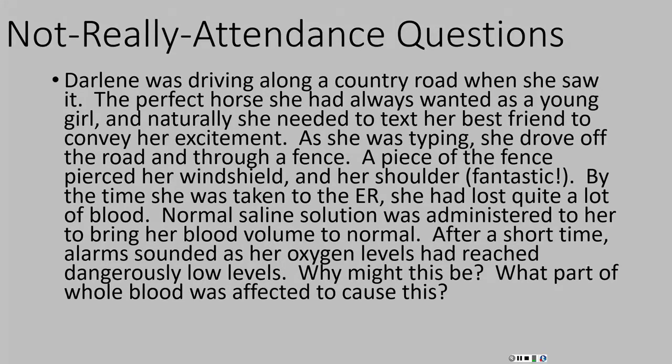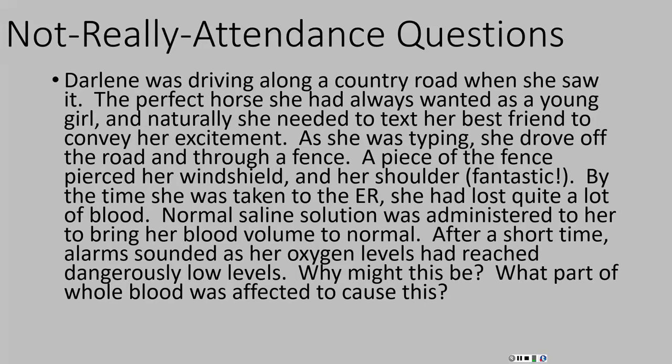Normal saline solution was administered to bring her blood volume to normal. After a short time, alarms sounded as her oxygen levels had reached dangerously low levels. Why might this be? What part of whole blood was affected to cause this?